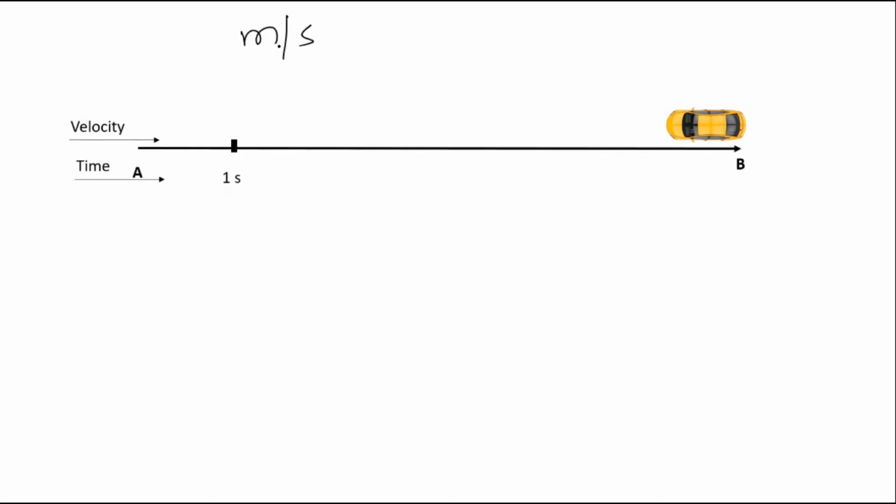Let's say in 1 second and then in 2 seconds the velocity may increase, remain the same, or reduce. In this example, it starts with 2 meter per second velocity and then remains 2 meter per second.